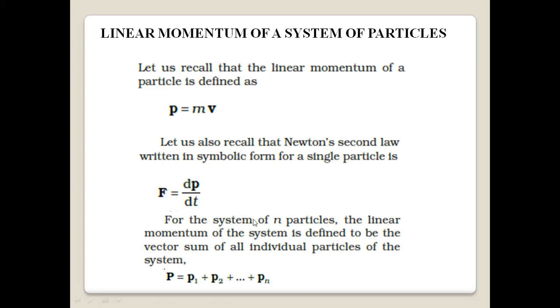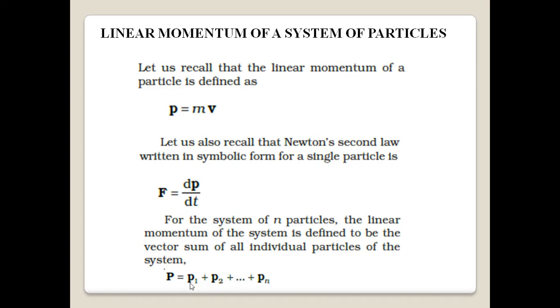So now we have a system of n particles, not a single particle. The linear momentum of the system can be written as P equal to P1 plus P2 plus up to Pn. So on the left side, P shows the linear momentum of the center of mass, and the right side shows the linear momentum of each particle.